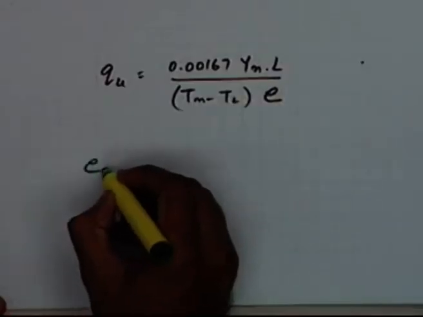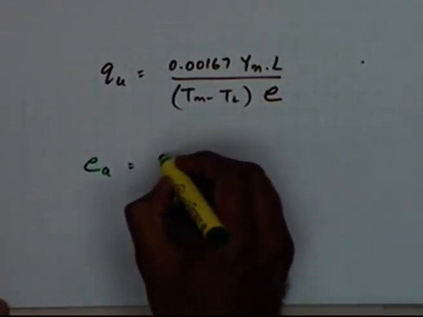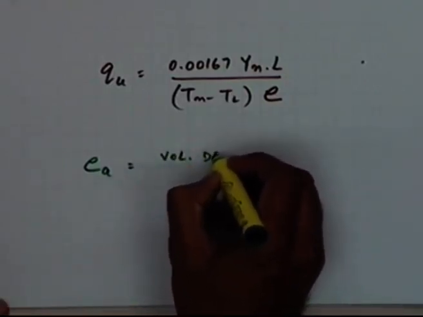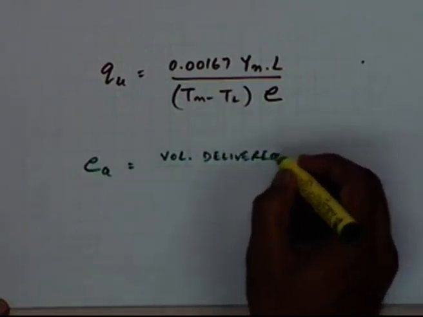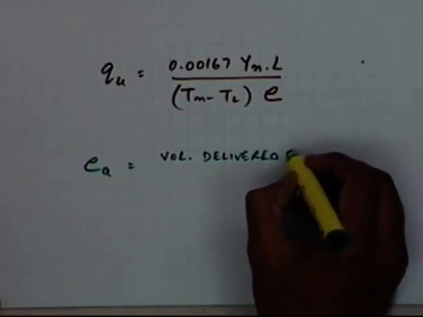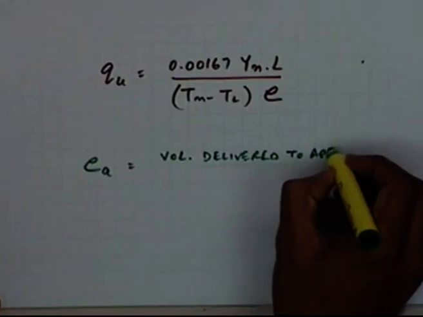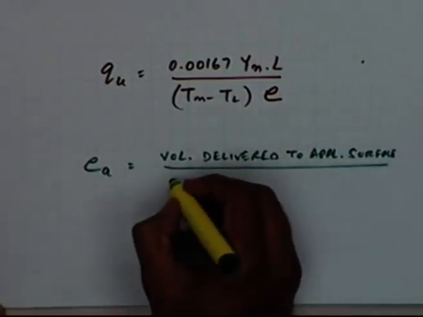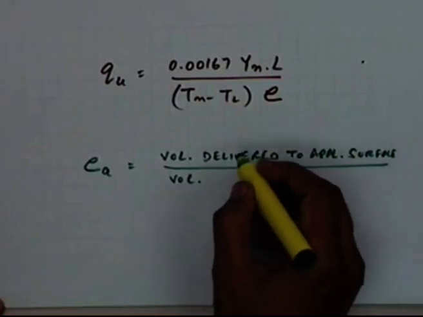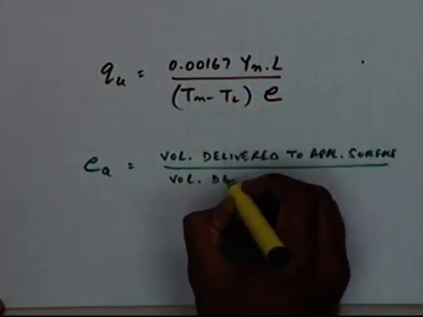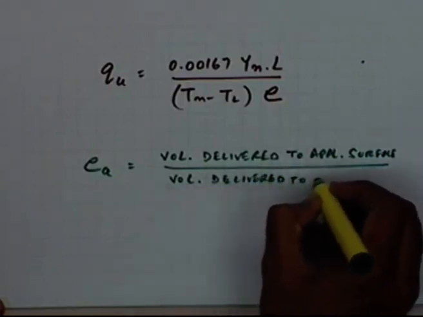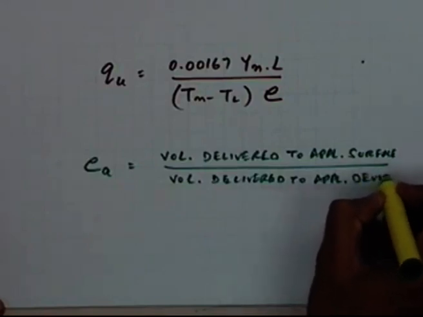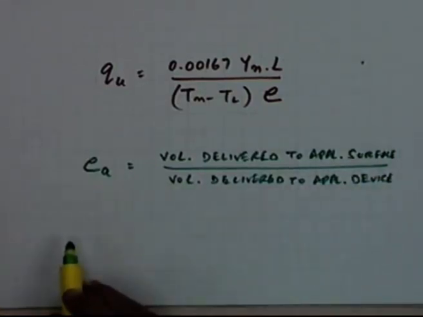So in our case, because there is a lot of overlap in these areas, we had defined an application efficiency as the volume delivered to the application surface to the volume of water delivered to the application device. That is how we had defined our application efficiency.